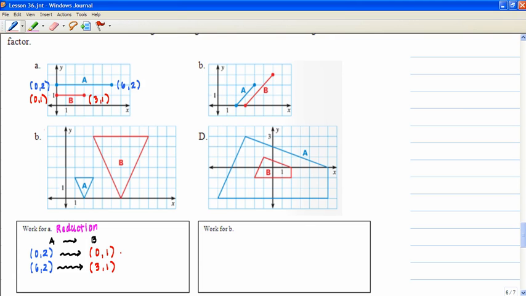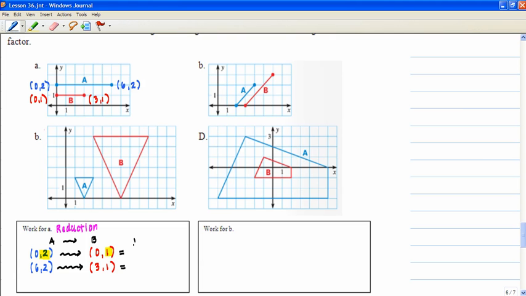So now let's look at their scale factors and compare each value to make sure it's consistent. So originally, it looks like I'm going from 2 to 1. Now remember, this is a reduction, so I want a smaller number on top.